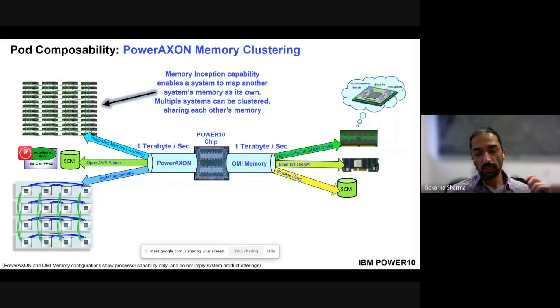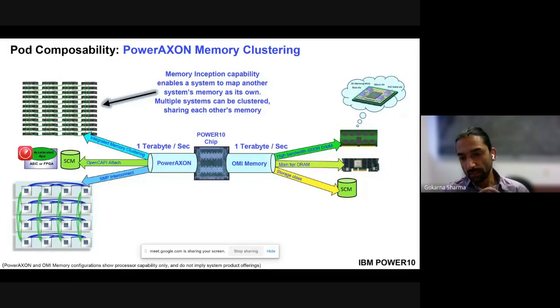So you look at another system, you have the PowerAXON connection, and if there is memory in another system, you can map it as memory in your own system.